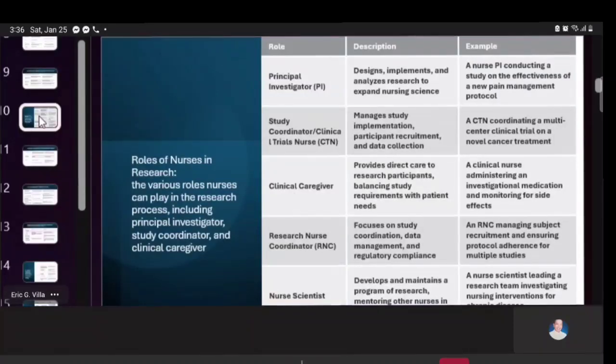Because nurses play diverse and crucial roles in the research process, contributing significantly to the advancement of healthcare knowledge and practices.